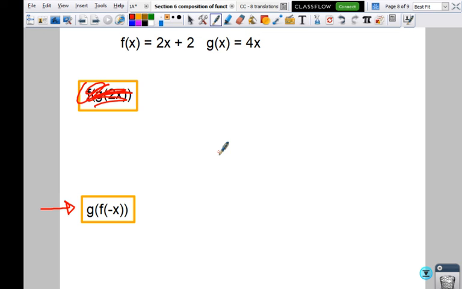Oh, and then do we put that here? G of x, yeah. And we put that here and put it up here. I put it on the outside for some reason. Yeah. Okay.